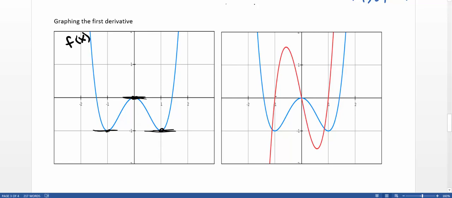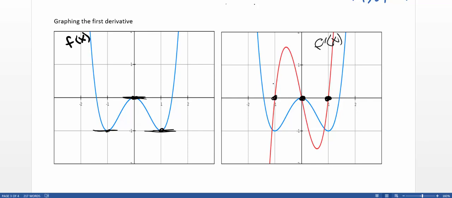So at -1, 0, and 1, the derivative has a value of 0, which means it's going to cross through the x-axis. Once we have our zeros in place, we need to look at what the original function is doing in terms of increasing and decreasing to determine if the derivative is going to be positive or negative.